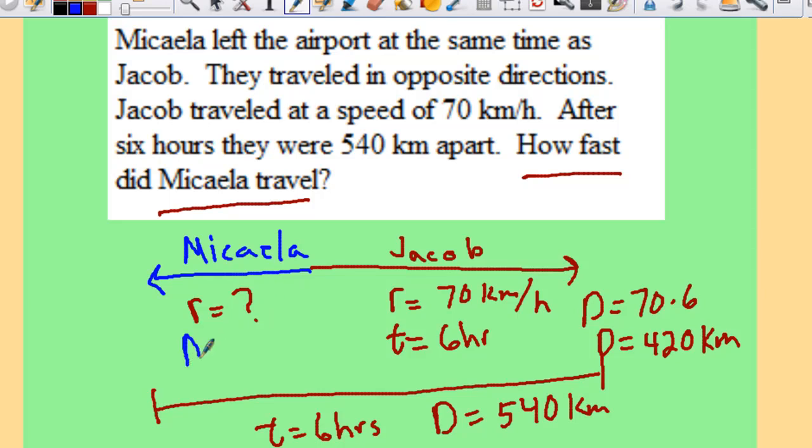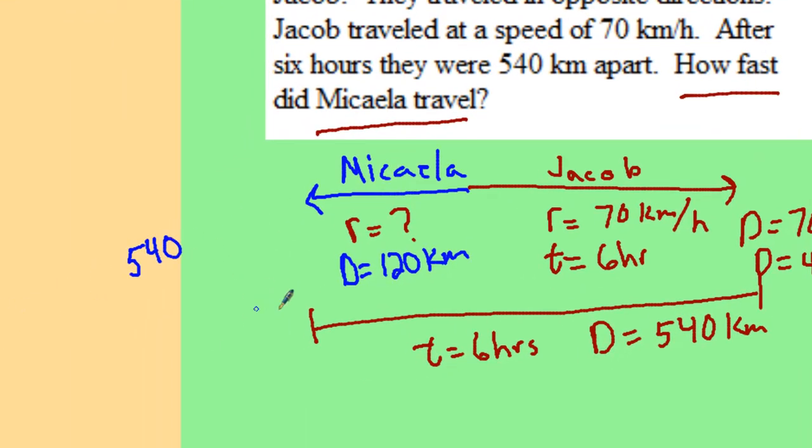So we now know that the distance Michaela traveled is 120 kilometers. Again, all I did was I took, and I'll do this off to the side here, I took 540, the total distance apart, minus the distance that Jacob traveled in that 6 hours, which was 420. And when you do that little calculation, you get 120.